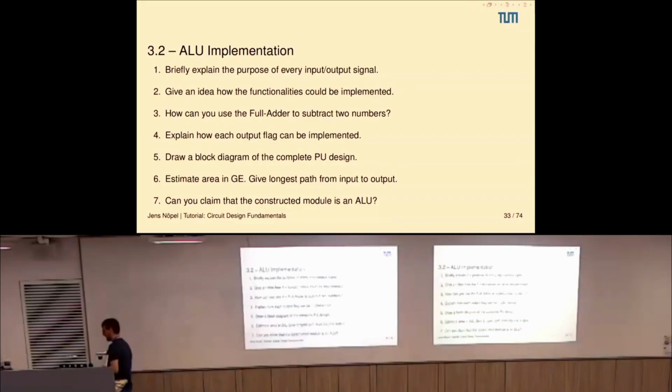So how would you produce those output signals? I think we're going to have a look at the first two questions for the next couple of minutes and then continue with the other ones. If you have any questions while answering one and two, please just ask.